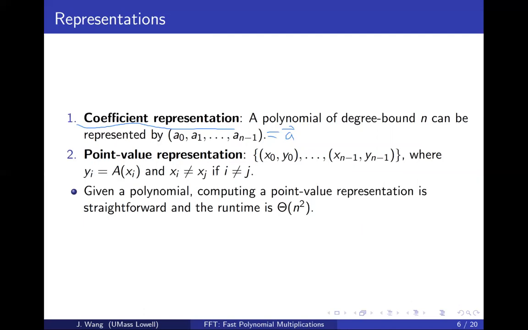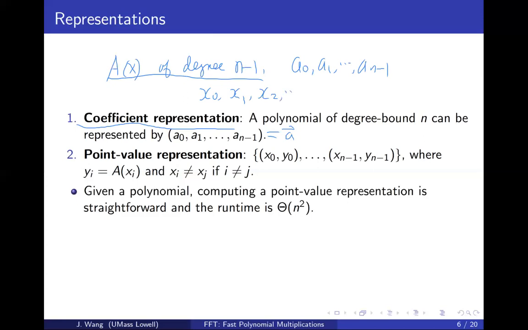So as you know, any polynomial of degree n minus 1 has this many coefficients to determine, but we can just pick n points so that they are pairwise different.